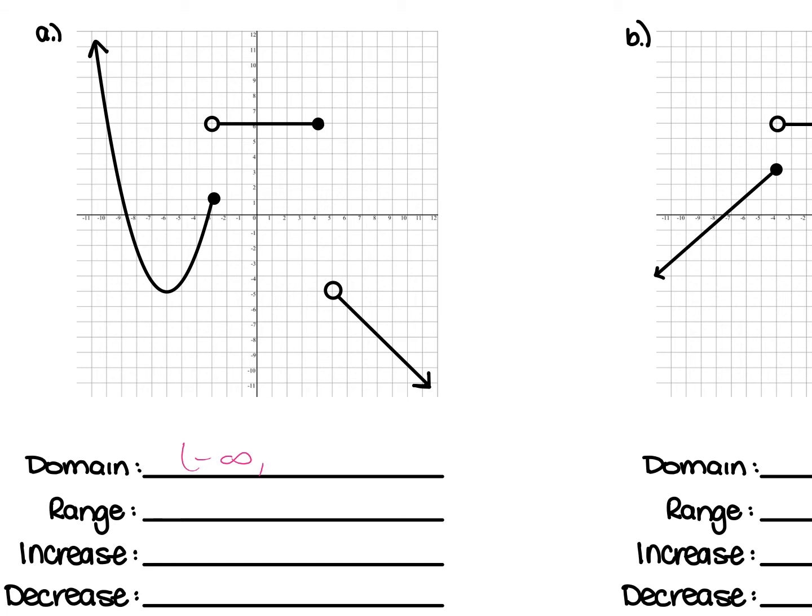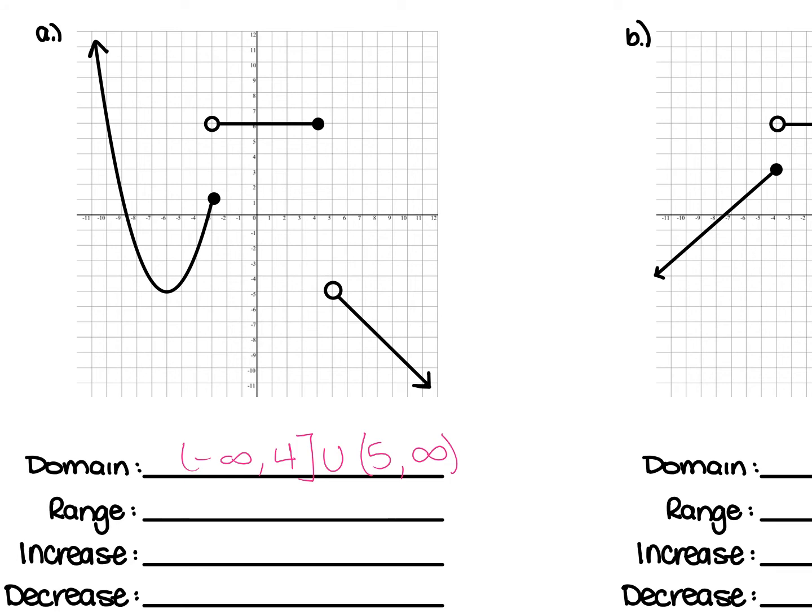Then it goes to the right to -3, but it picks up at -3 on that horizontal line and goes to 4. That 4 for the x value ends up dropping there, so it just goes to +4. That's a closed circle, so we're going to put a bracket on it. And we're going to have a union of that linear function, which starts at 5 for the x value with an open circle on it. So it gets a parentheses, comma, it goes to the right continuously, so it goes to +infinity.